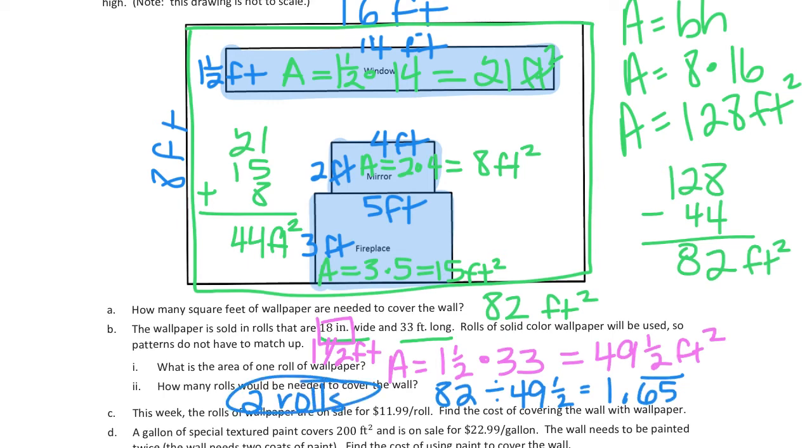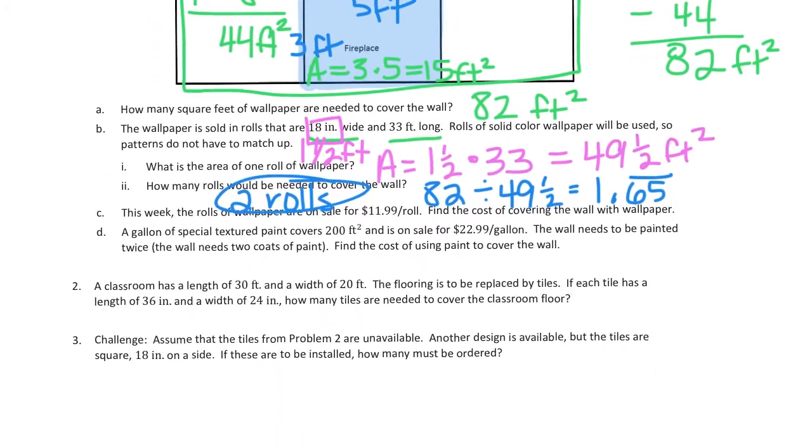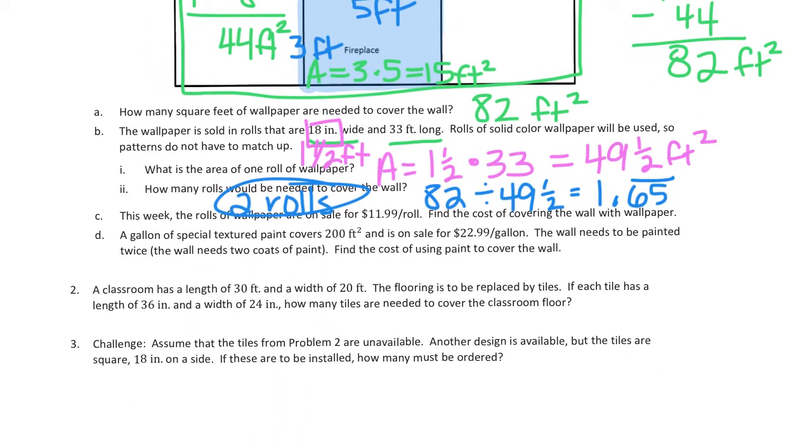Okay. Then the next question says, this week the rolls are on sale for $11.99 a roll. Find the cost of covering the wall with wallpaper. So I have to buy how many rolls? 2.